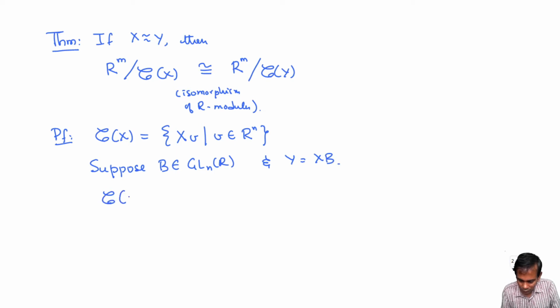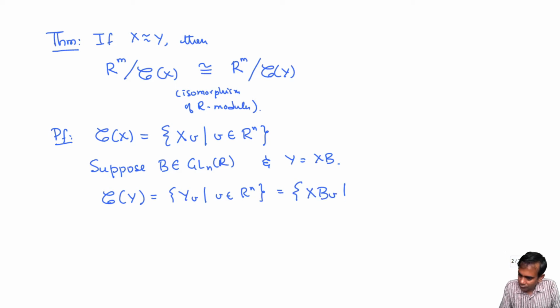Then the column space of Y is YV, V belongs to R^n, but that is XBV, where V belongs to R^n. But I can think of this BV itself as a vector in R^n, so this thing is contained in the column space of X.